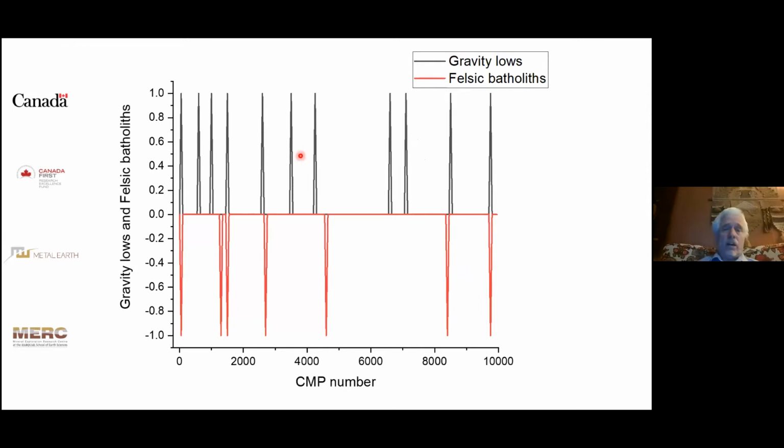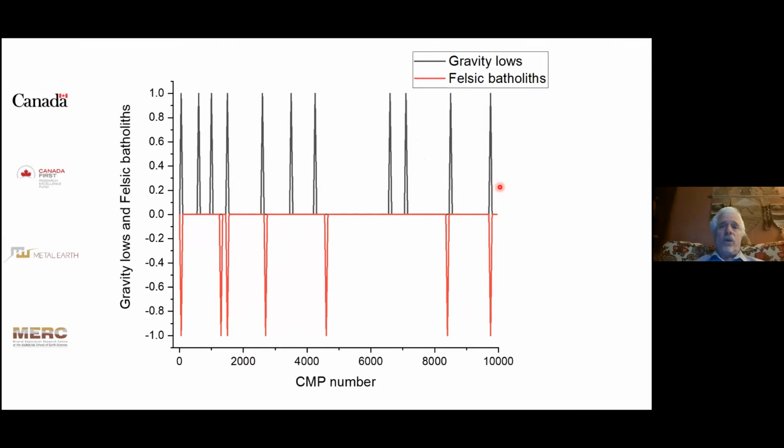Okay, so these are the locations. This is the CMP number along the seismic traverse, and the red spikes are where there are felsic batholiths: 1, 2, 3, 4, 5, 6, 7. And the black spikes are where there are gravity lows.